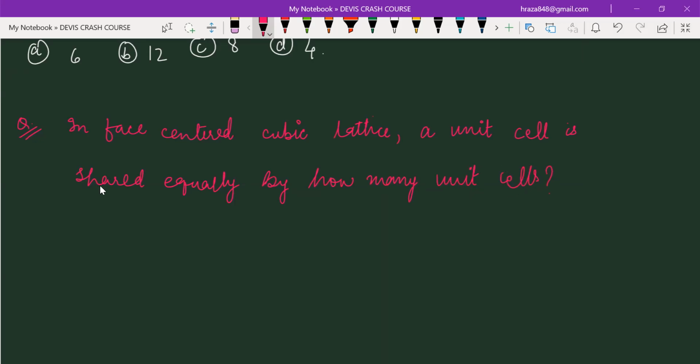Should I give options? Option A is 2, B is 4, C is 6, D is 8.